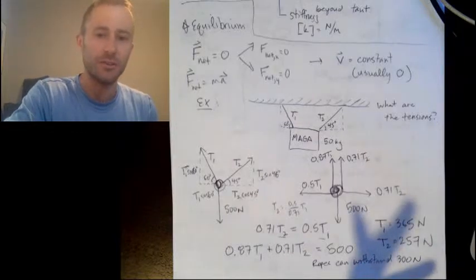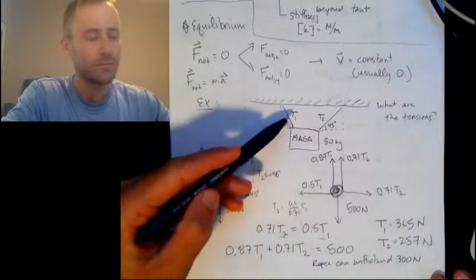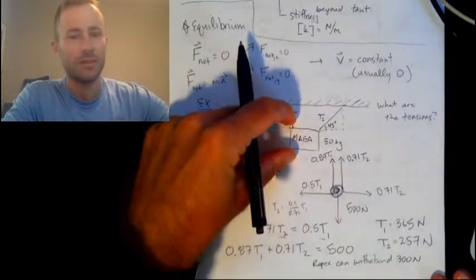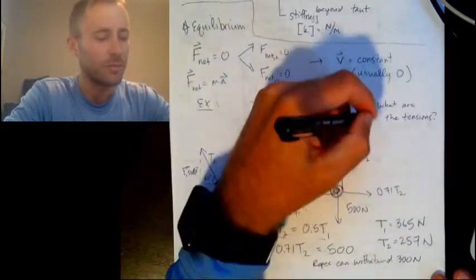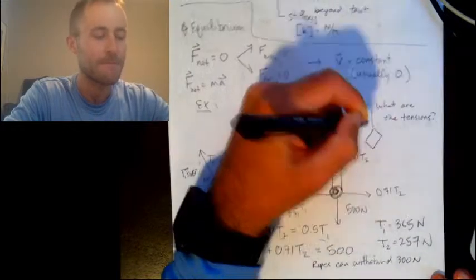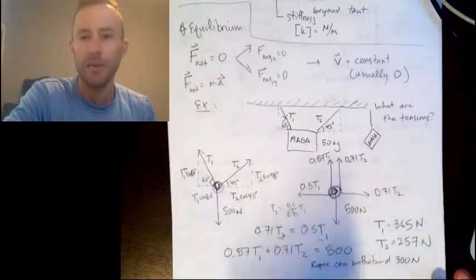In that case, well, T1 is greater than 300. So T1 is going to snap. T1 snaps. Then the sign is now going to swing down vertical, so maybe it's going to look kind of like this, maybe. Okay.